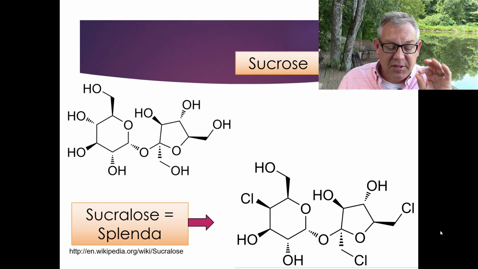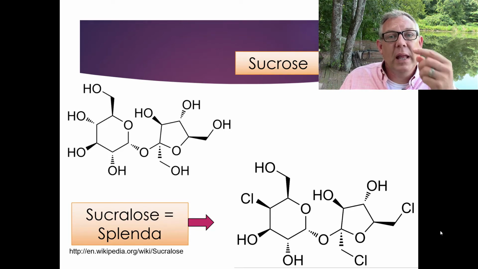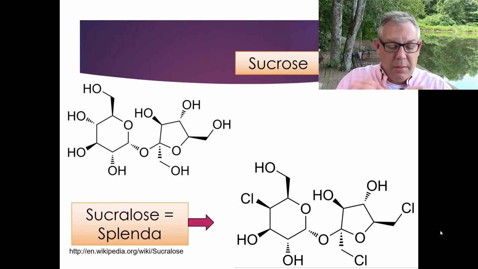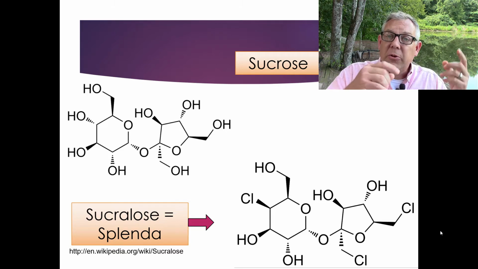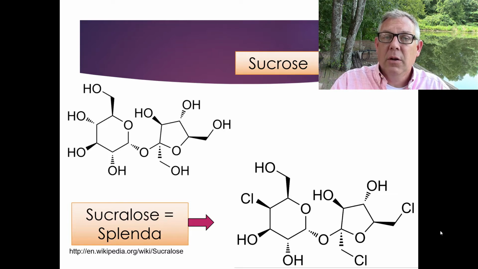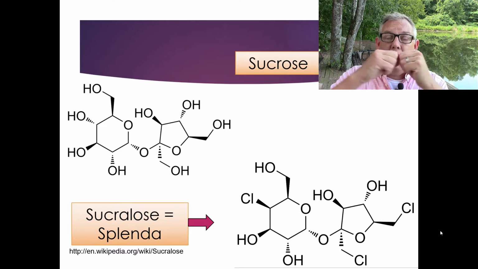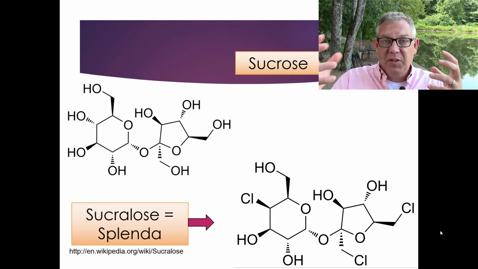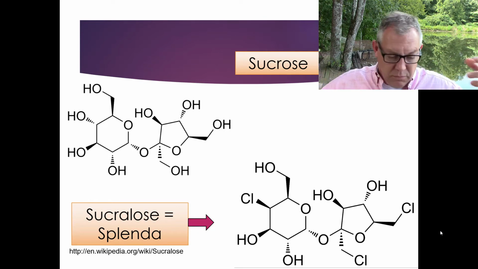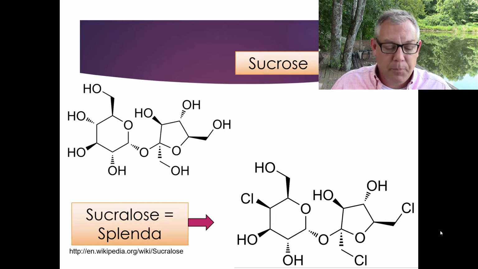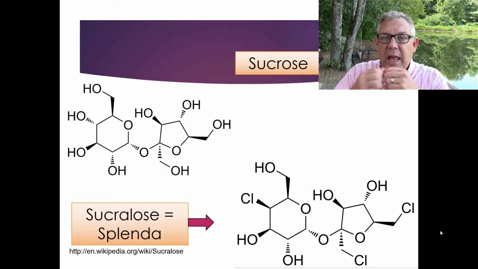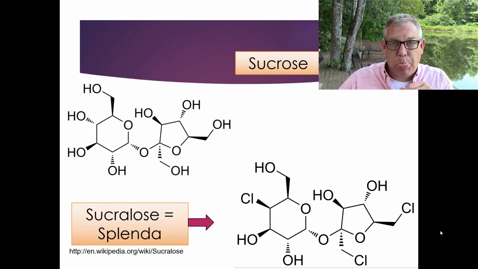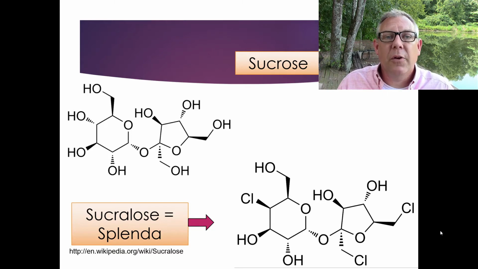But it's different enough that when it gets down into your stomach and your intestine, you can't break it apart. Regular table sugar gets down into your stomach and your intestine, and you can rip it apart and harvest the energy and use that energy in your body. But the Splenda can't be ripped apart, and so it just goes right out the other end.